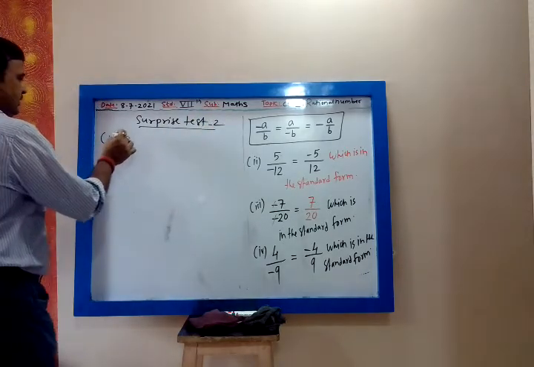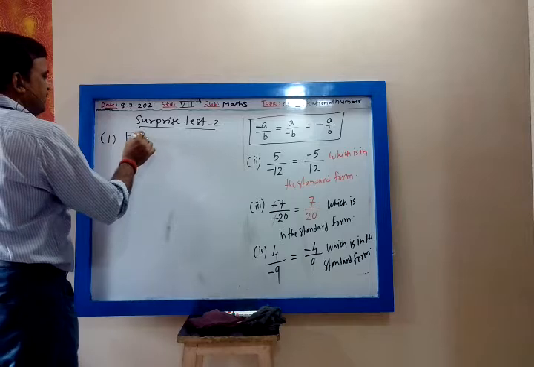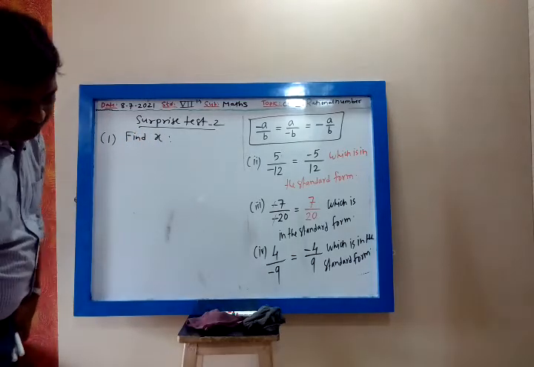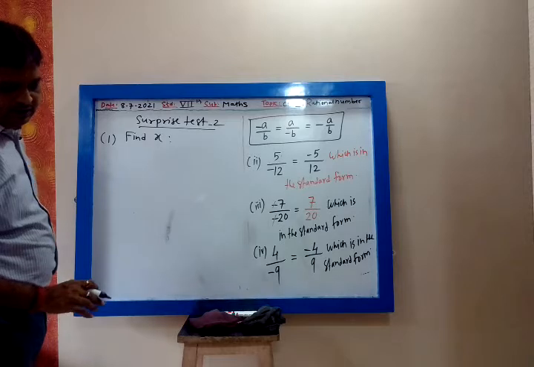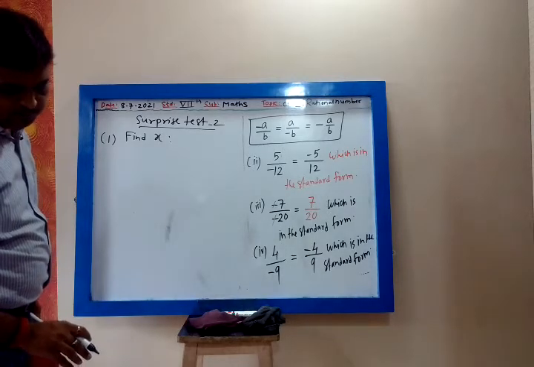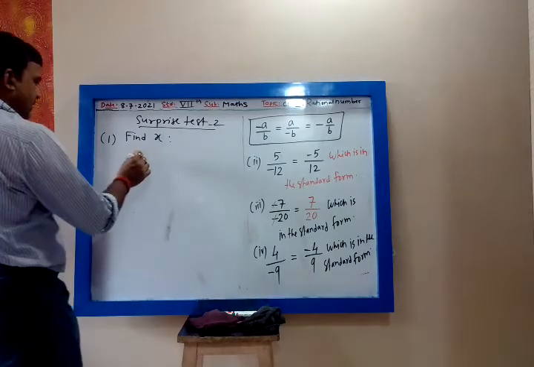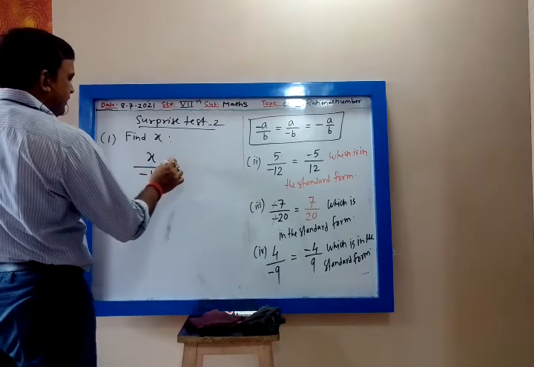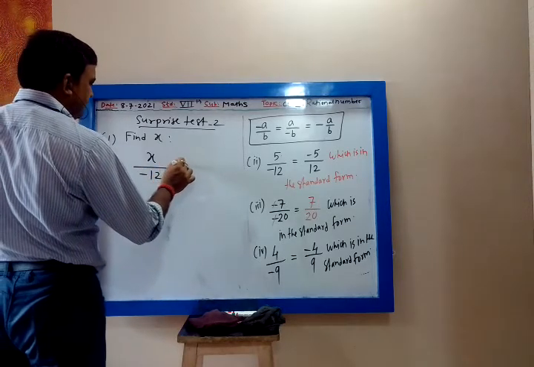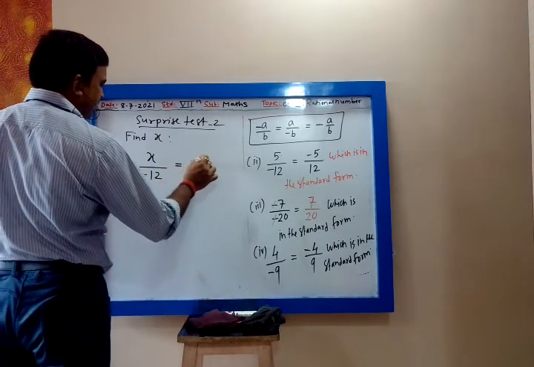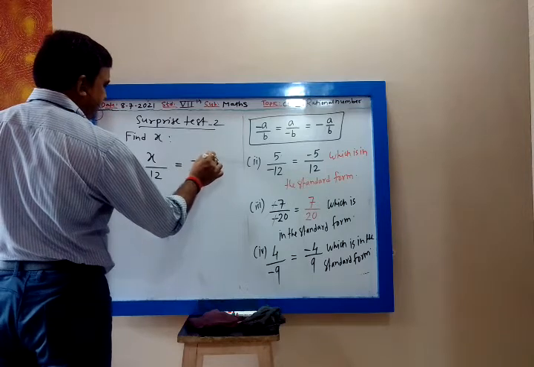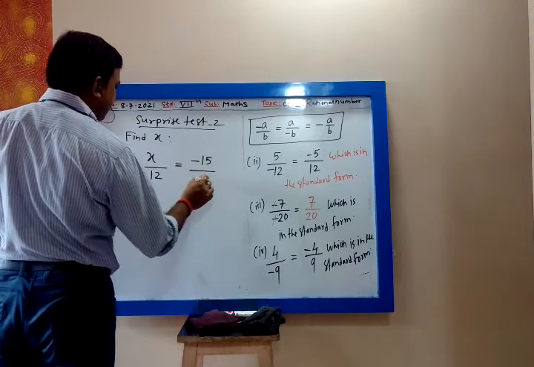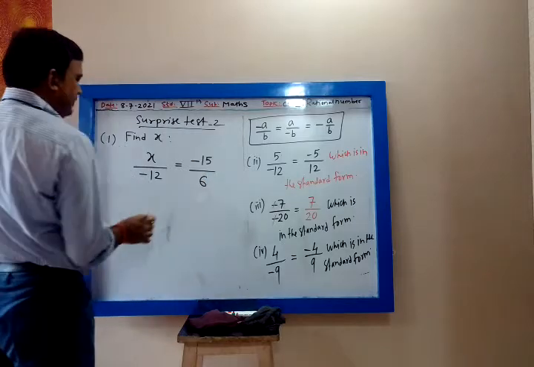First, find x. You are given x upon minus 12 is equal to minus 15 upon 6.